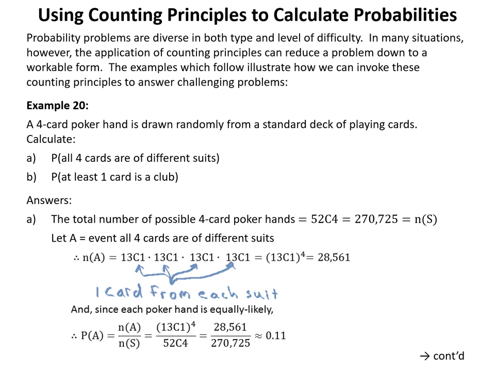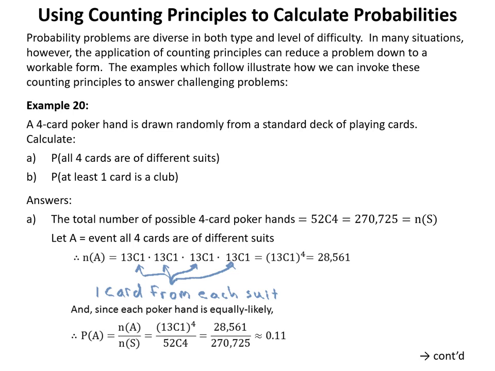So that just equals 52 choose 4. That's a large number, and it works out to be 270,725. So you can see that the notation 52 choose 4 is good to use, and it makes things pretty clear as we go. Now, let's define the event A as the event that all 4 cards are of different suits.